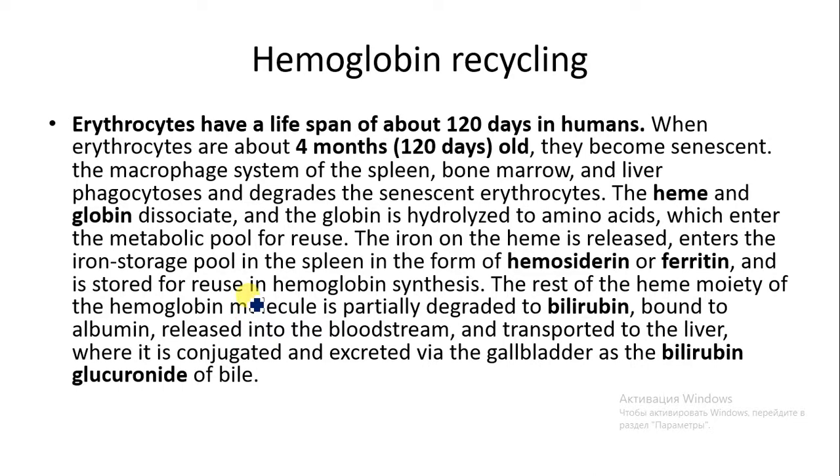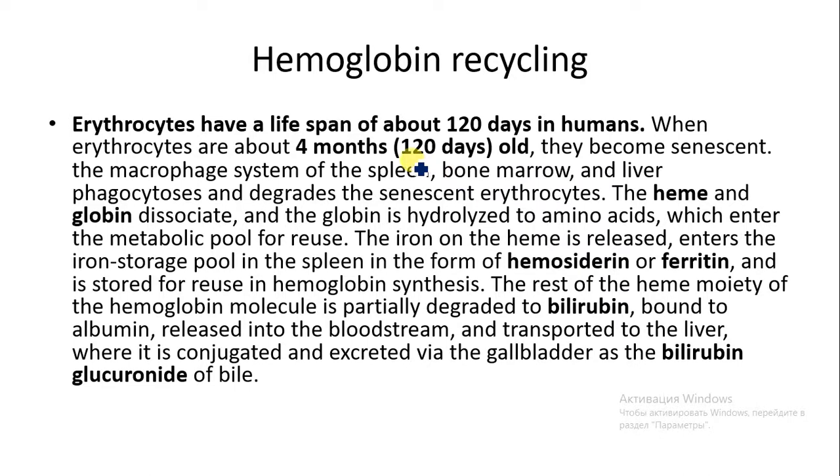That's why every single day 1% of dead erythrocytes in the human body is replaced by newly produced erythrocytes, which maintains the amount of erythrocytes in the body. But we said 120 days. What happens with the erythrocyte after 120 days?